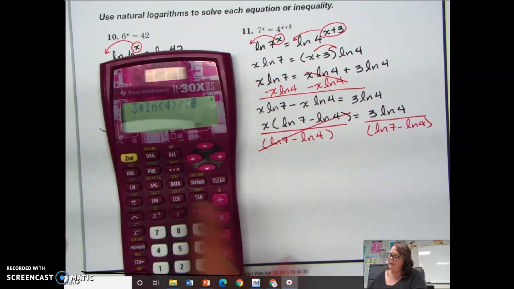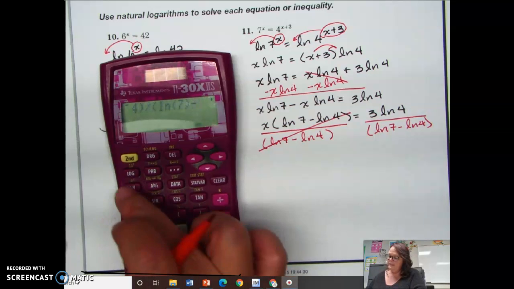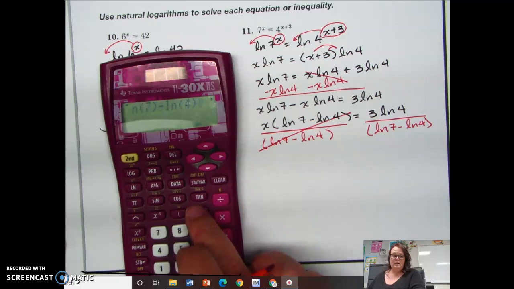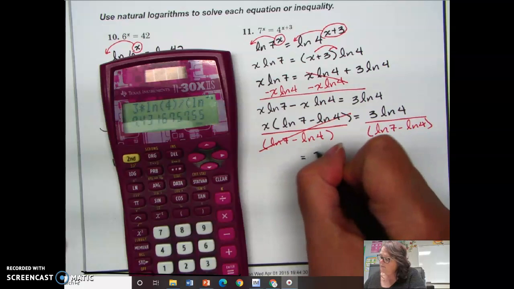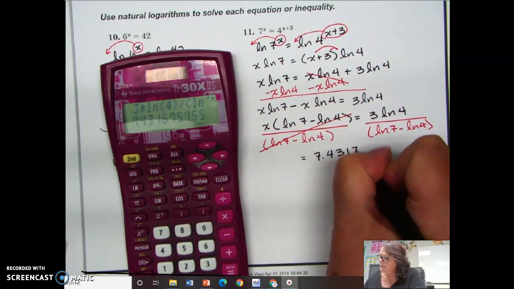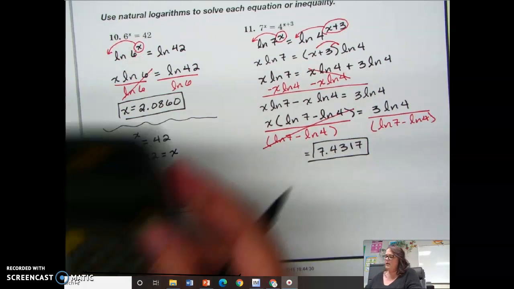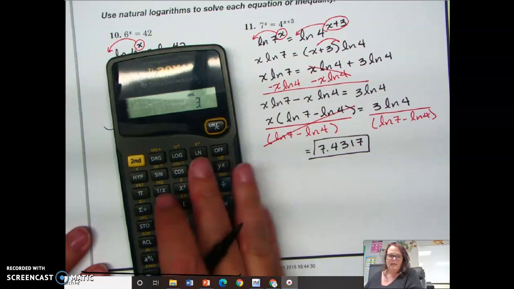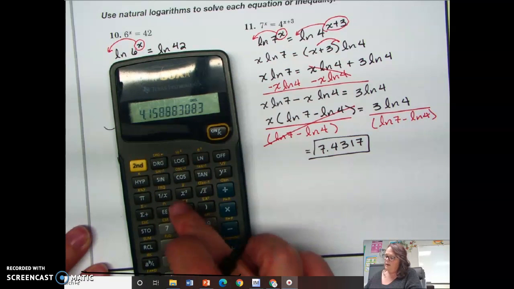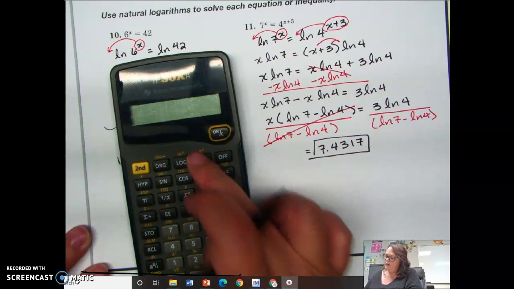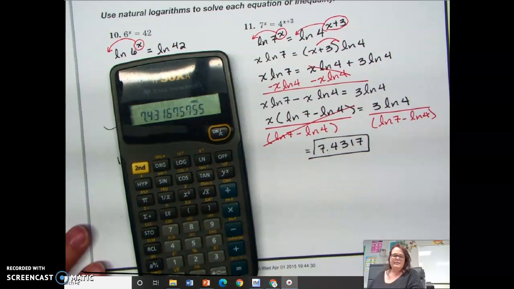So we're going to say divided by parenthesis, natural log of 7, close it, minus natural log of 4, close the natural log, close the denominator, and equals, and we should get 7.4317. And so let's check that with my backwards calculator. So we do 3 times the natural log of 4, so 4 natural log, divided by parenthesis, the natural log of 7 minus the natural log of 4 equals, and we get the same answer.